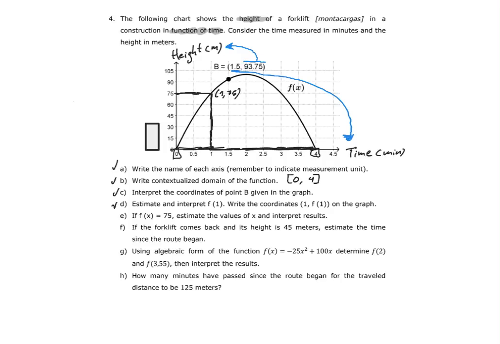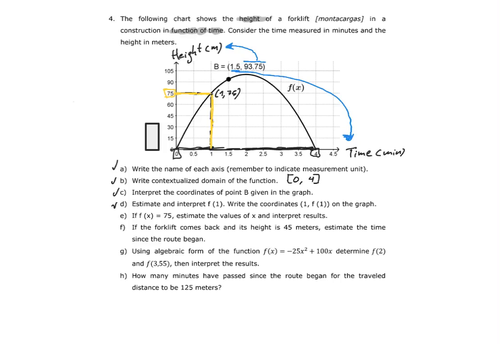If f(x) is 75, estimate the values of x and interpret the result. Remember, we don't have to use the previous result, and in this case the previous result is actually misleading. This is height 75 meters. If you go along this height, you will find that it happens after 1 minute, which is the same thing we had before.